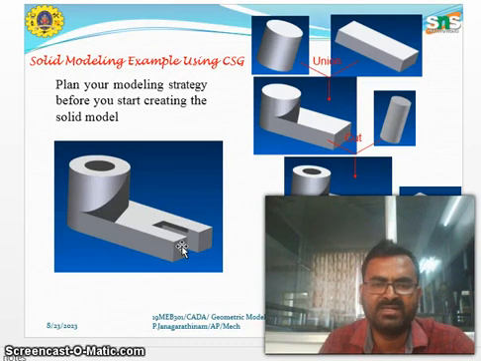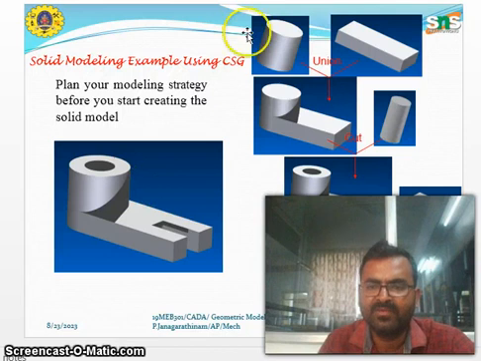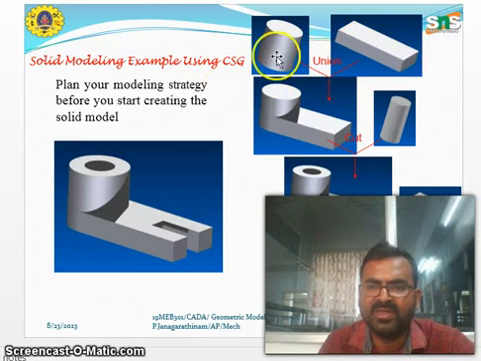Plan your modeling strategy before you start creating the solid model. This is a general 3D modeling object. In the first step, we draw the circle and use the extrusion option to get this cylindrical object. After that, we draw a rectangle and use the extrusion option. We combine these as the second operation.